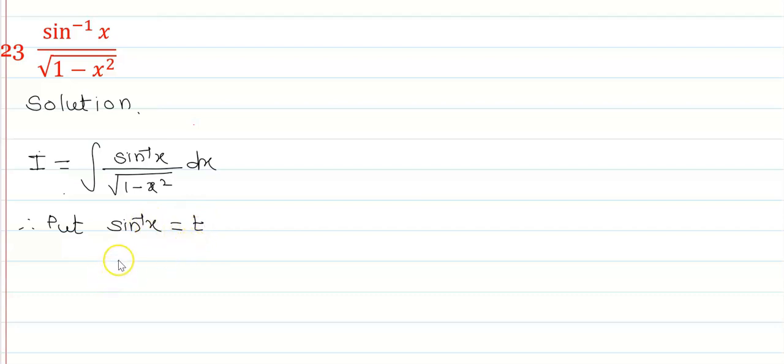Therefore its derivative is 1 upon root of 1 minus x square into dx is equal to dt.